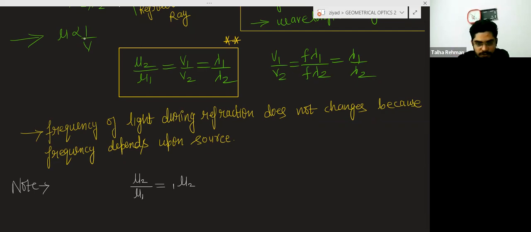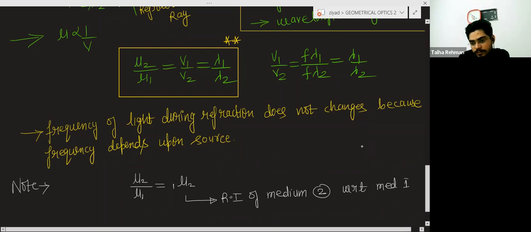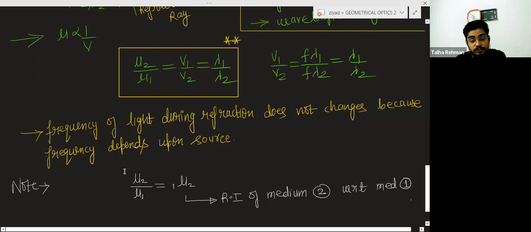What is the meaning of this? This means the refractive index of medium 2 with respect to medium 1. So this is also a very important point: relative refractive index.